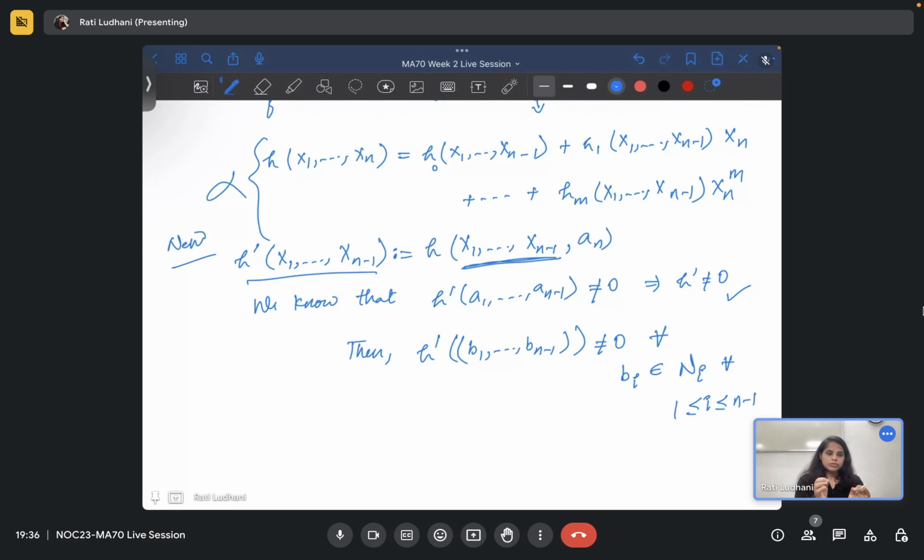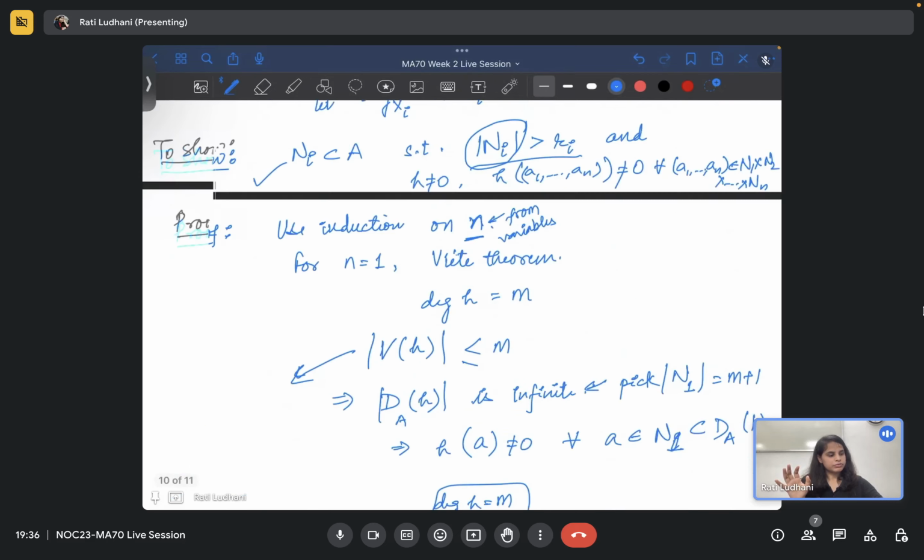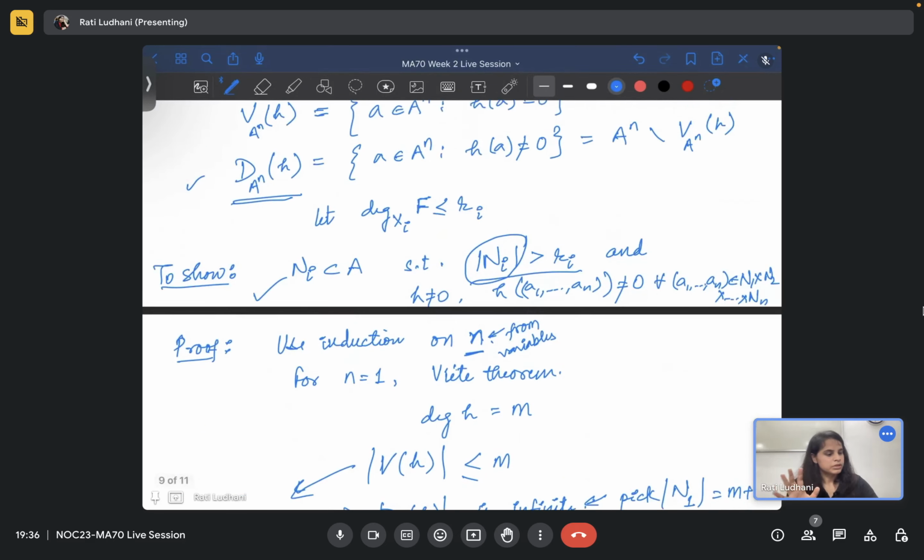Where the cardinality of Ni is greater than ri. So ri is some fixed quantity. Ri we have fixed. I'm writing ri from this h. Just think about this h. We have totally transferred the question to h only.